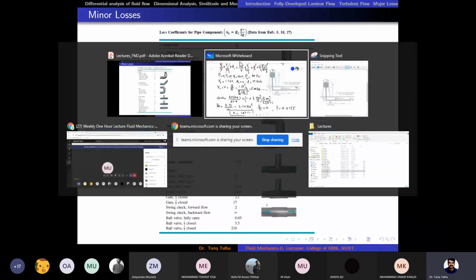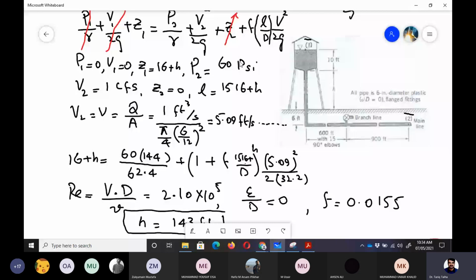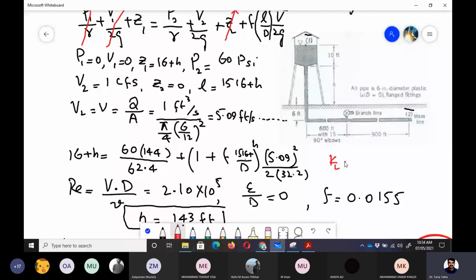So there are, I think, 15 elbows. So if we start writing the K_L value here, K_L would be equal to 0.5. That is for the sharp edge entrance, in which the flow enters from the reservoir into the pipe, as we discussed in the minor losses.